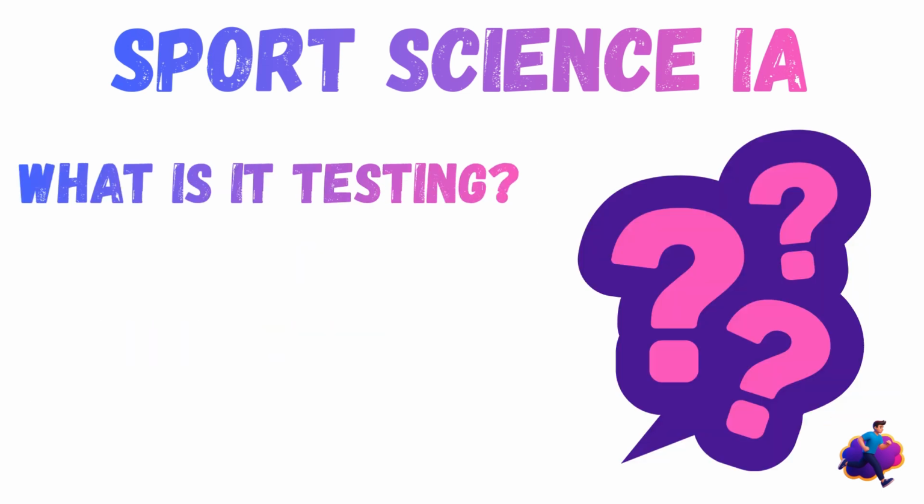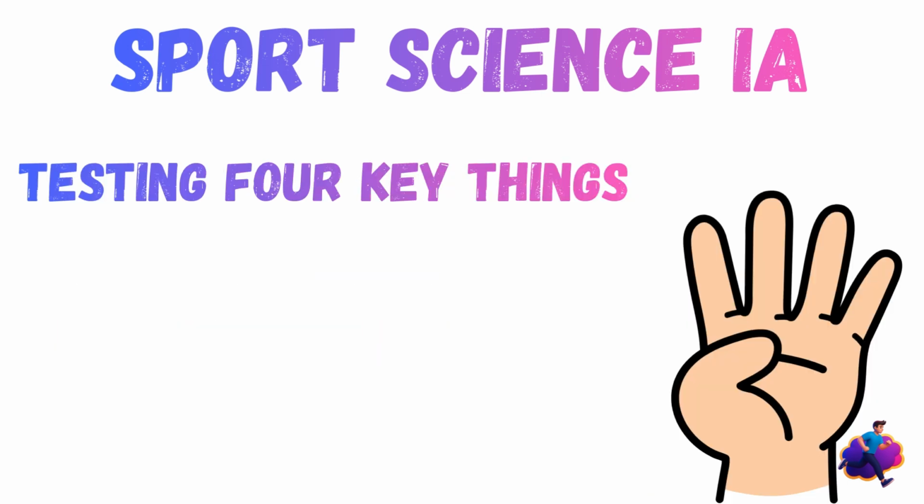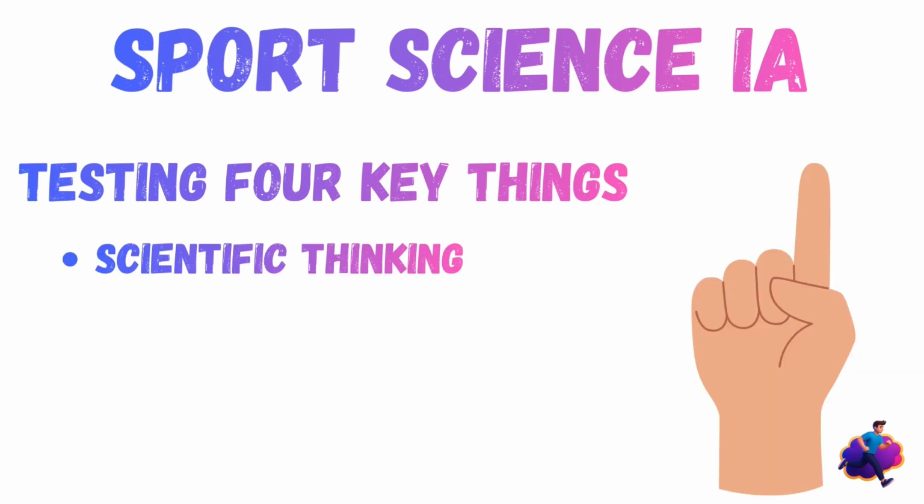So what is it designed to test? Well, the IB isn't really interested in whether your experiment works or whether your results match something from a textbook. The IA is designed to assess 4 key things. The first thing is scientific thinking. Can you design an experiment with a clear purpose? And do you understand the physiological, biomechanical, or psychological concepts behind your question?